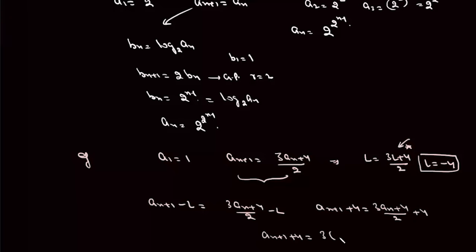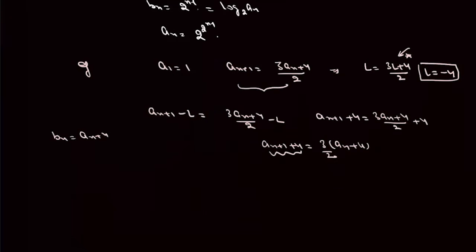We can take 3 common, and it'll be 3(a_n + 4)/2. Now if we take a(n+1) plus 4 as b, so let b_n be a_n plus 4, we'll get the sequence as b(n+1) equals 3/2 b_n.